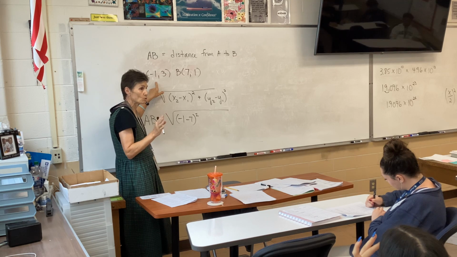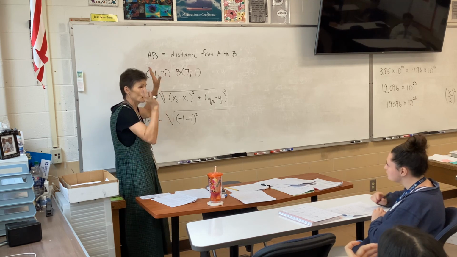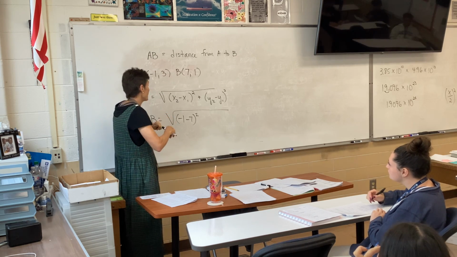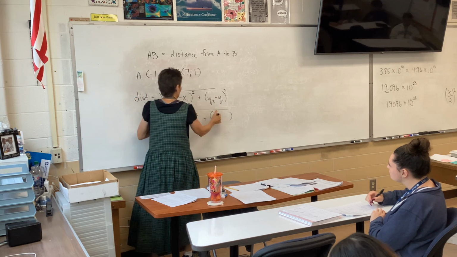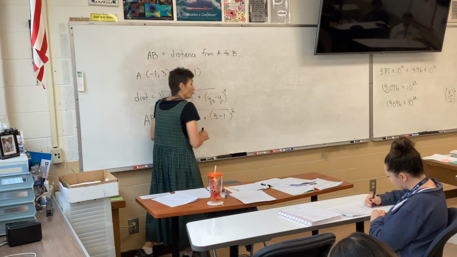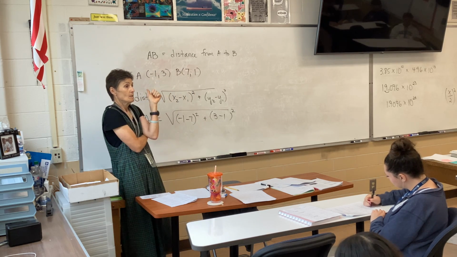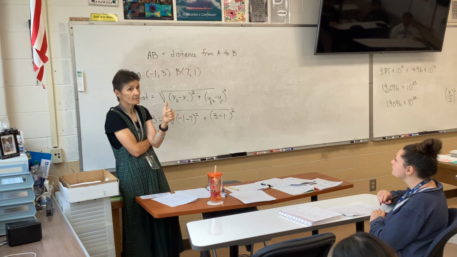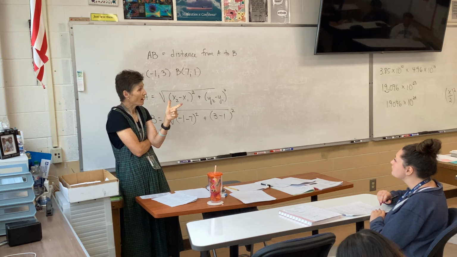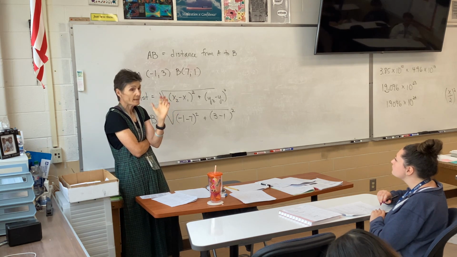It makes no difference what order you do it. Then you're going to subtract the y's. So that's going to be 3 minus 1 and square that. So how do I find distance? I subtract the x's, subtract the y's, square them, and add them up.